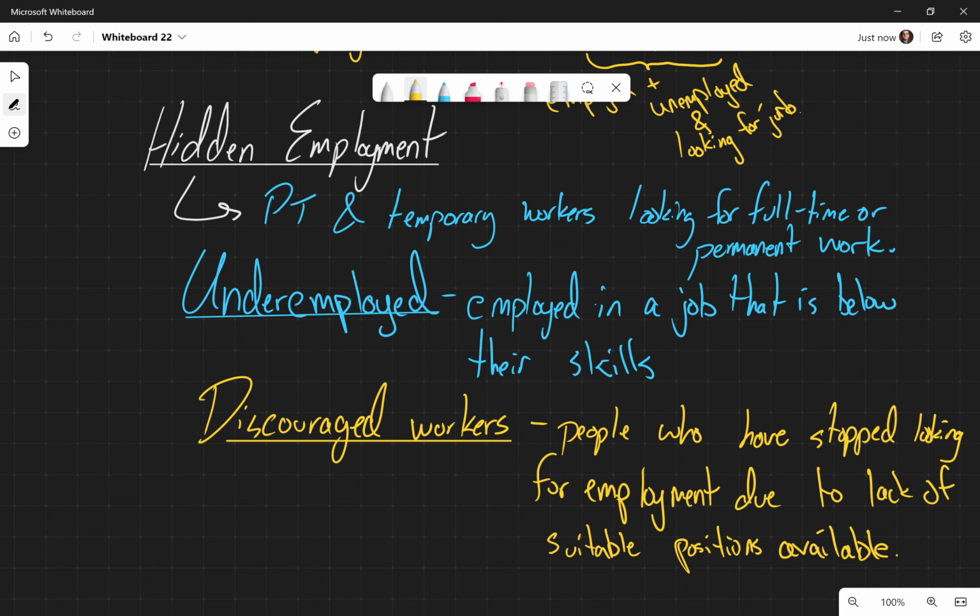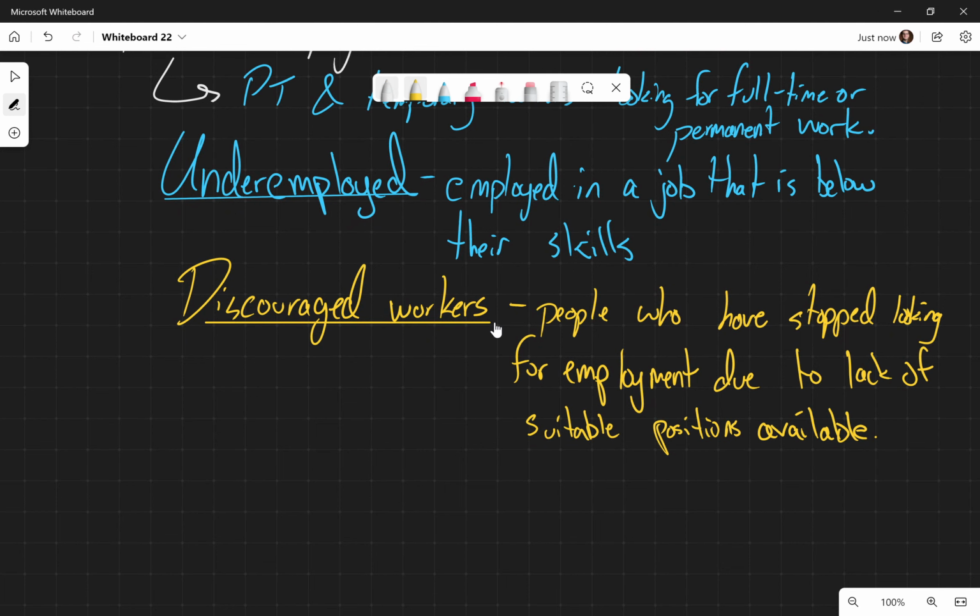One of the interesting things is how we compare unemployment internationally.